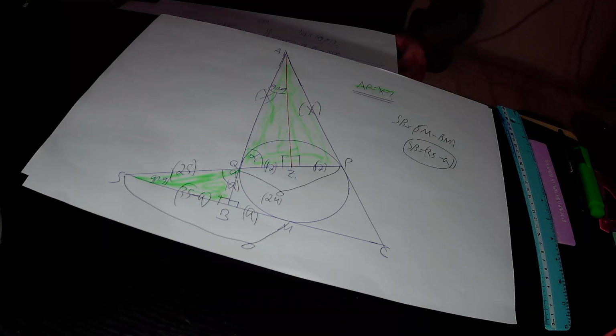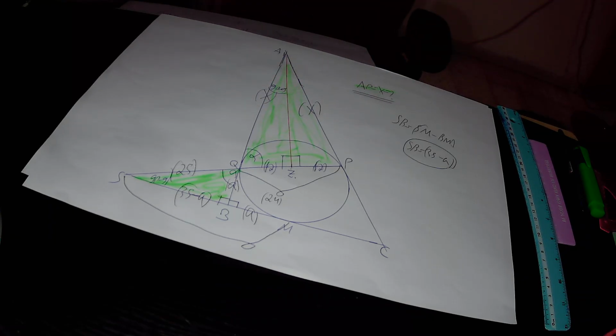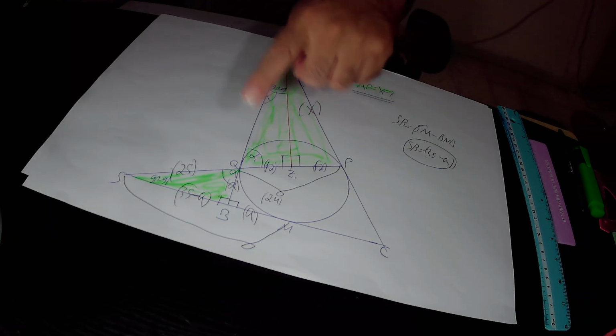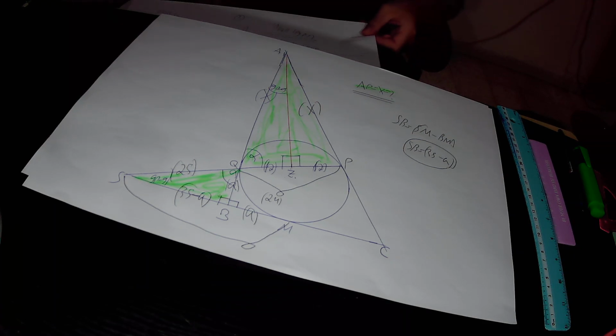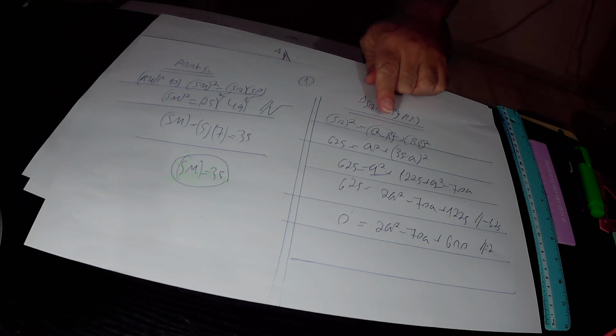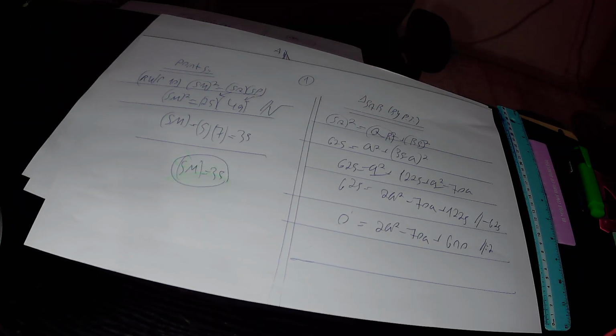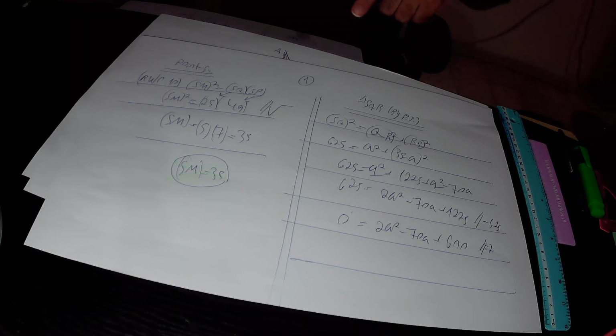SQ is 25, therefore SQ squared is 25 squared, that is 625, equals QB squared plus SB squared. QB is 8, therefore QB squared is 8 squared, plus SB squared. SB is 35 minus a, therefore SB squared is 35 minus a, squared. So in total, 625 equals 8 squared plus 35 minus 8 squared.